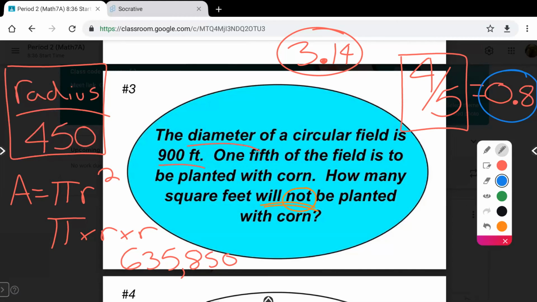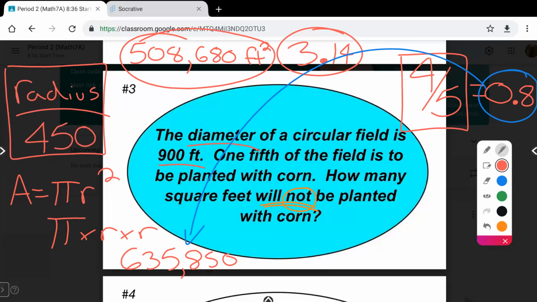The multiplier multiplies, and I want to take this and multiply it by my total area here, because what's happening is I want to figure out what 80% will not be planted with corn. So I take my value, multiply that by 0.8, and what happens is I get the answer to this question. The answer to this question is 508,680 feet squared. All right?